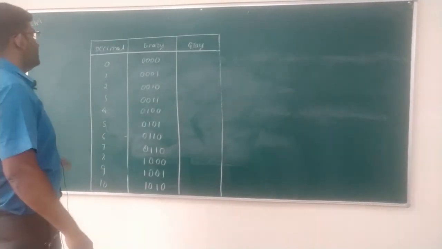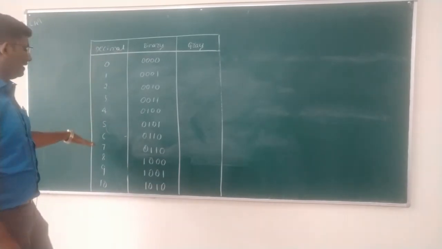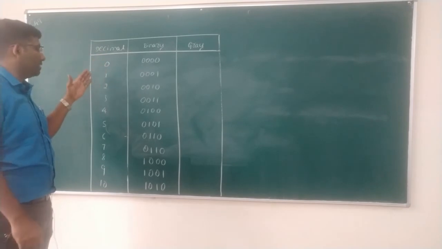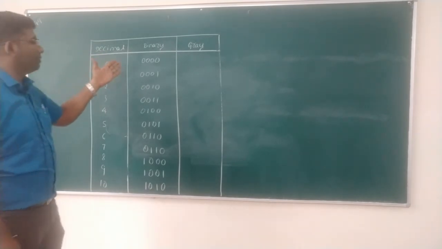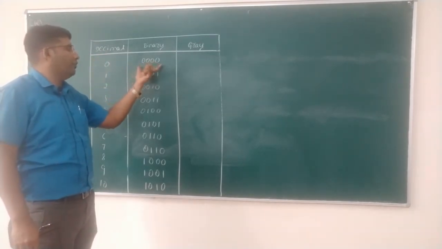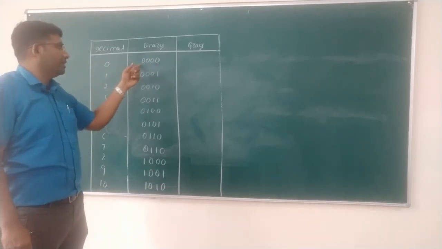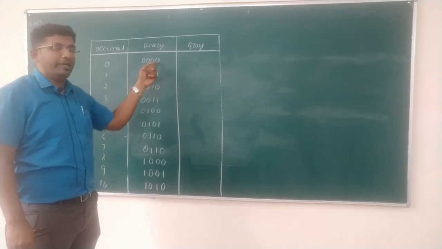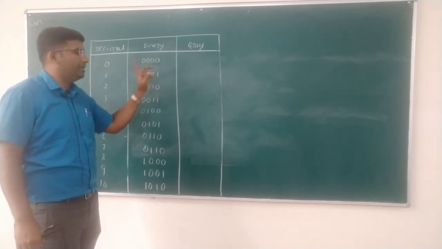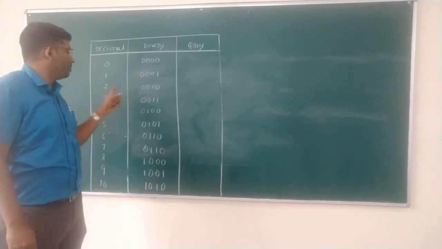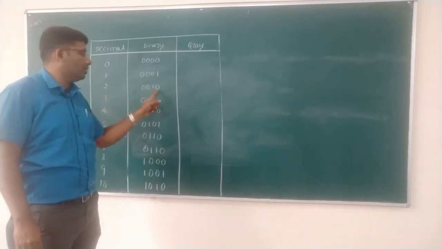Now consider this table where I have written the decimal numbers up to 10. You can go up to 15 also. Where binary number is considered, we are using a 4-bit representation for each decimal number. 0 can be represented in 4-bit format as 0000. 1 can be represented as 0001. 2 can be represented as 0010.